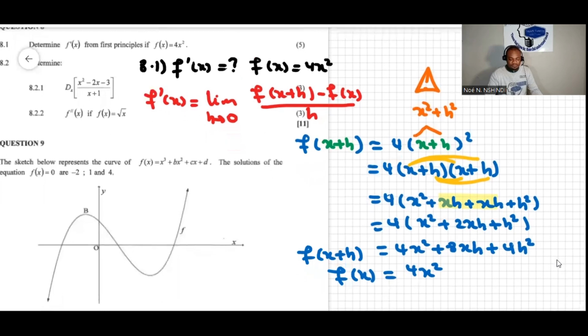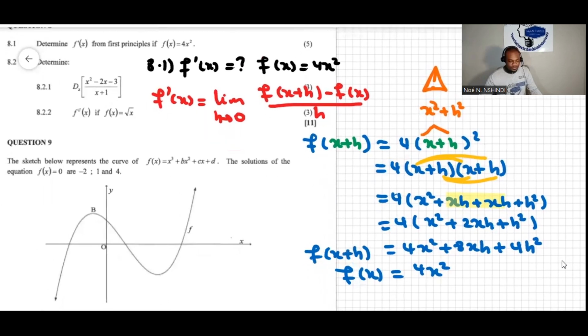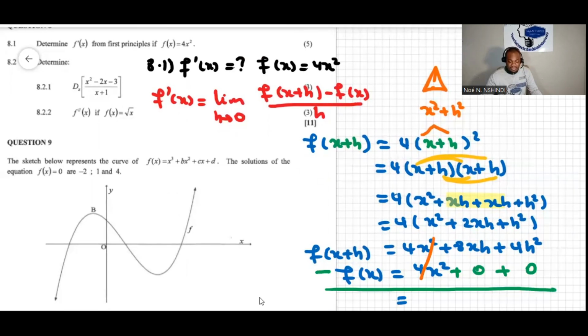So if we subtract these 2, we will get 4x squared minus 4x squared, which simplifies out, and we can complete the missing side here by 0. Now we have 8xh plus, minus 0, will be just 8xh.